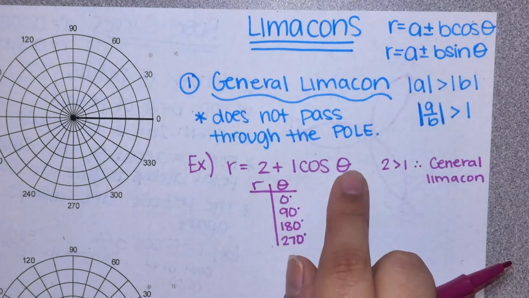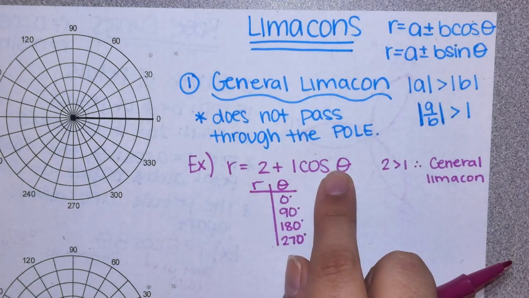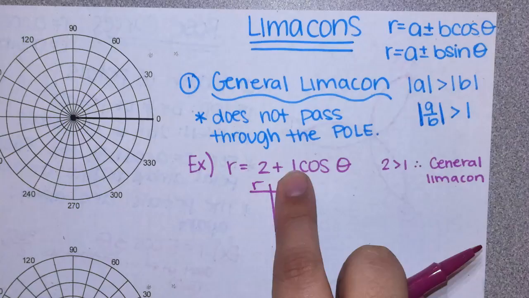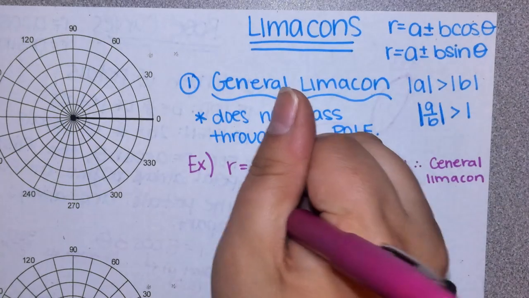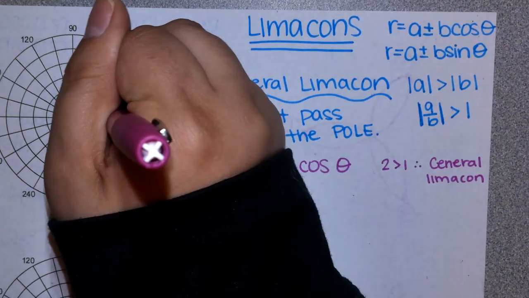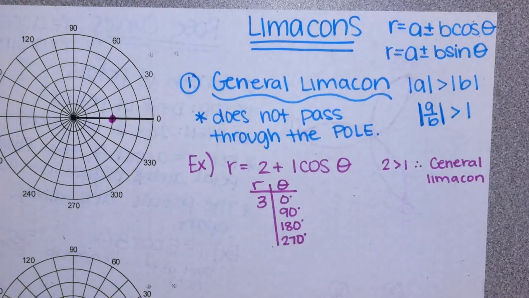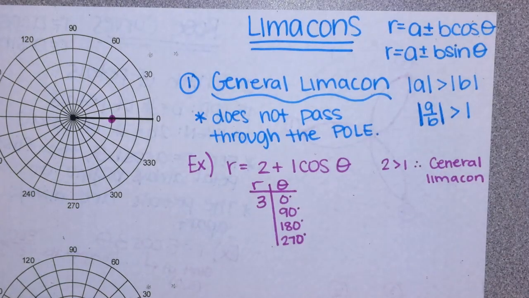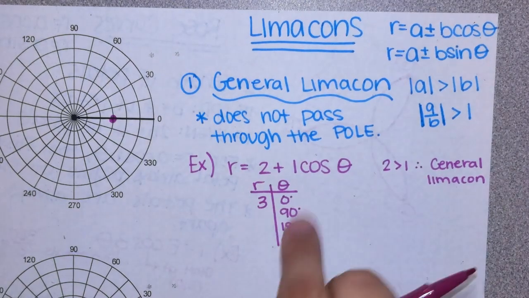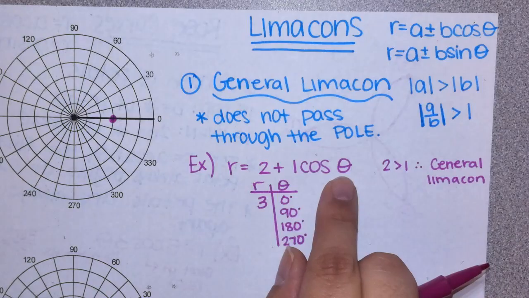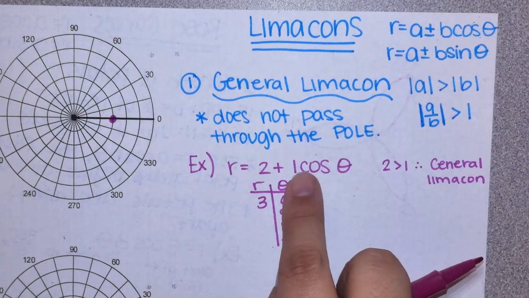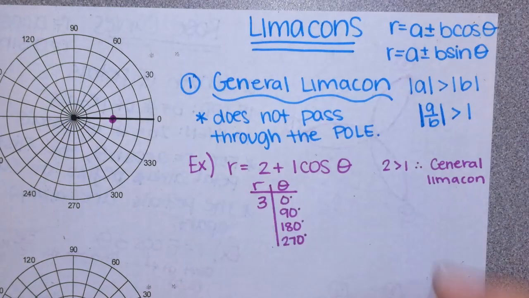0 degrees. What is the cosine of 0 degrees? 1. Times 1 plus 2. 3. So please plot the point 3, 0. What is the cosine of 90 degrees? 0. Times 1 plus 2.